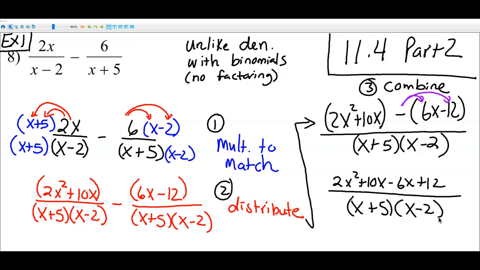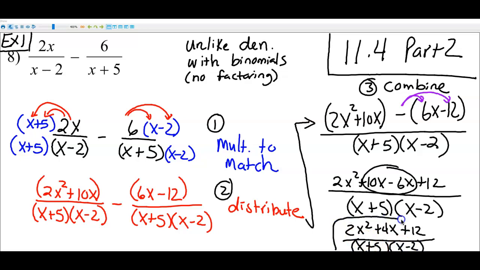And then we want to combine our like terms. So 10x take away 6x is 4x. I'll circle those. And hopefully that's our answer. I'm going to put a box around it.